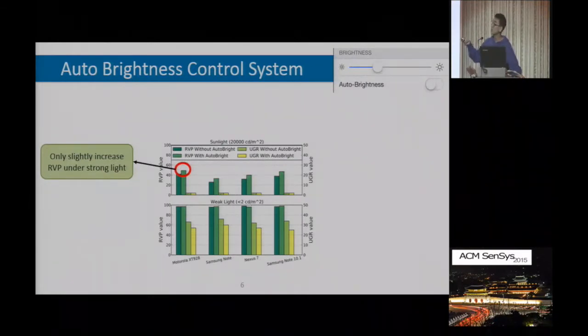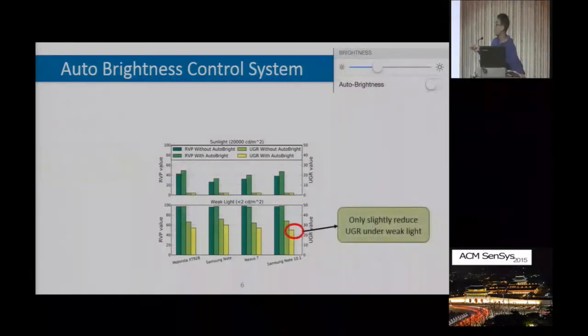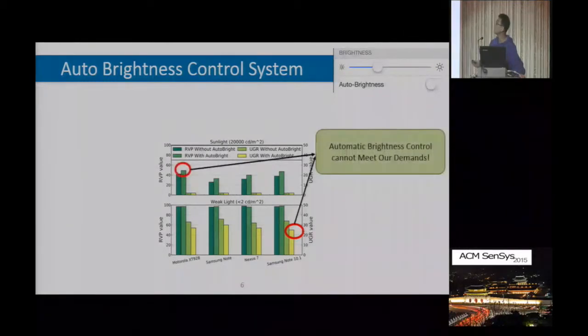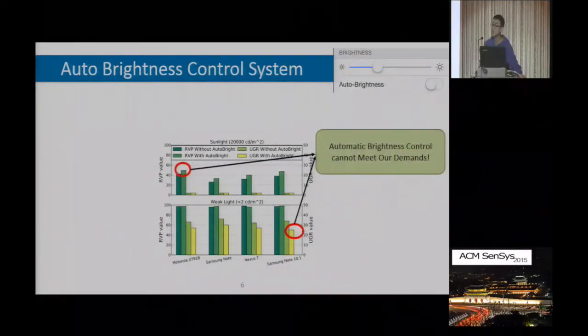For example, RVP is slightly improved, but still under 80%, and the UGR value is reduced, but hasn't reached down to 25. So overall, the automatic brightness control system can't meet our demands perfectly.